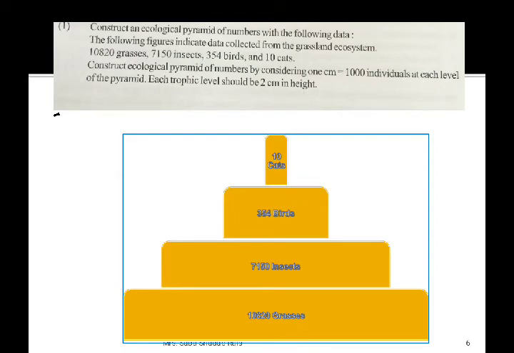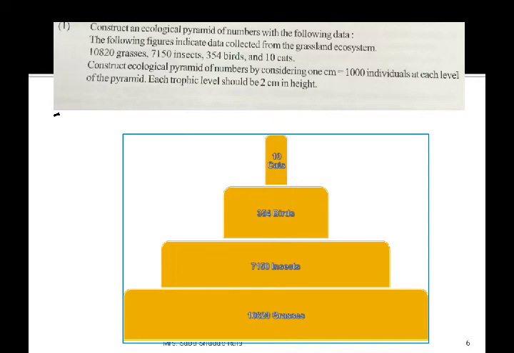Construct the ecological pyramid of number. You have to take appropriate numbers here. So 1 centimeter is equal to 1,000 individuals on each level. When you are drawing each trophic level, you have to draw with the proper scaling, and take a height of 2 centimeters.